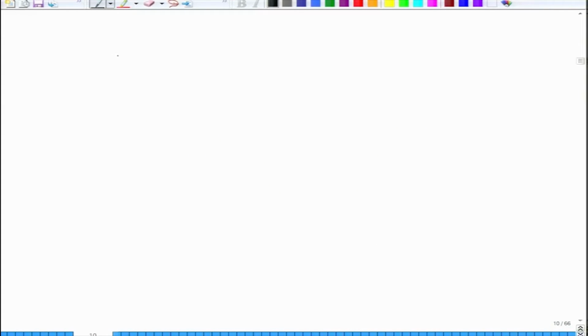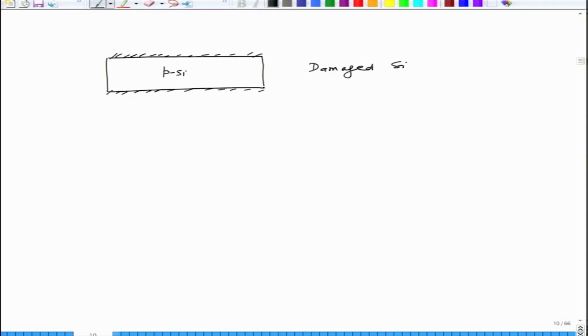Initially the silicon is more or less p type, from the dopants that happen to be there. So essentially you have silicon, let us say p silicon to begin with, with a lot of surface damage. This is a damaged silicon wafer.